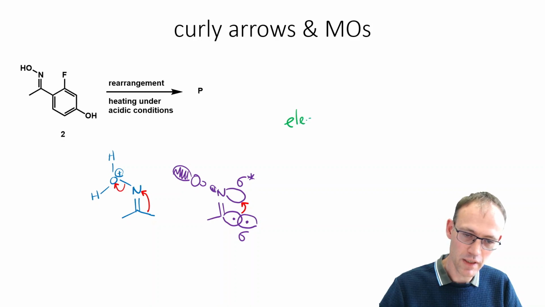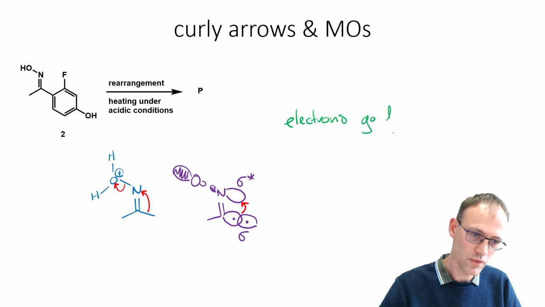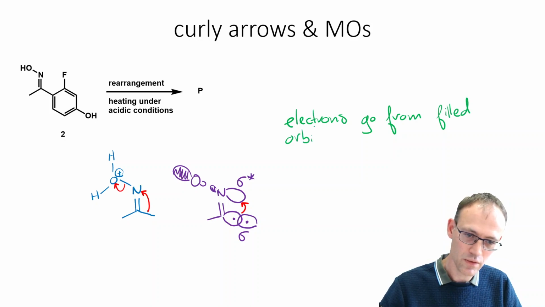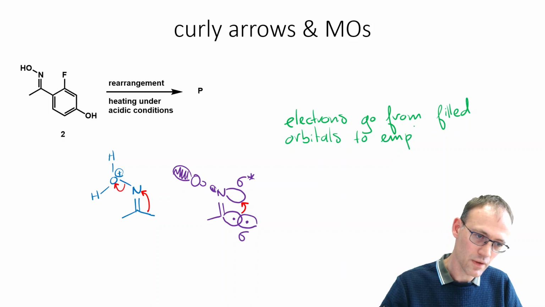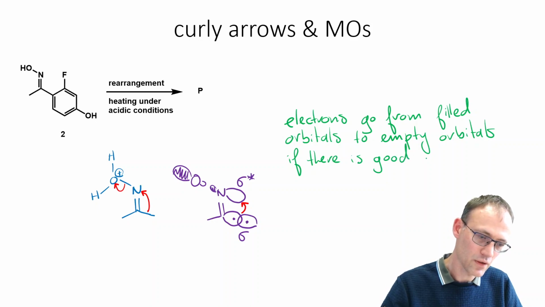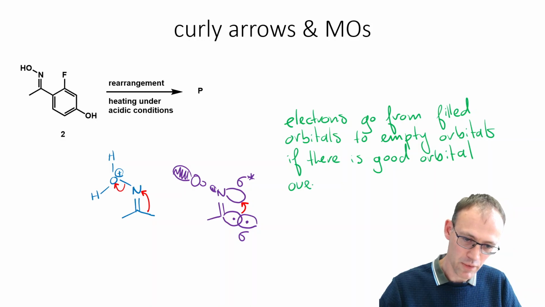So electrons go from filled orbitals to empty orbitals if there is good orbital overlap.